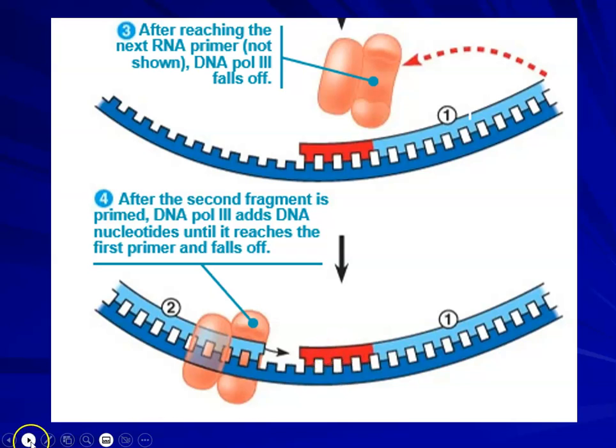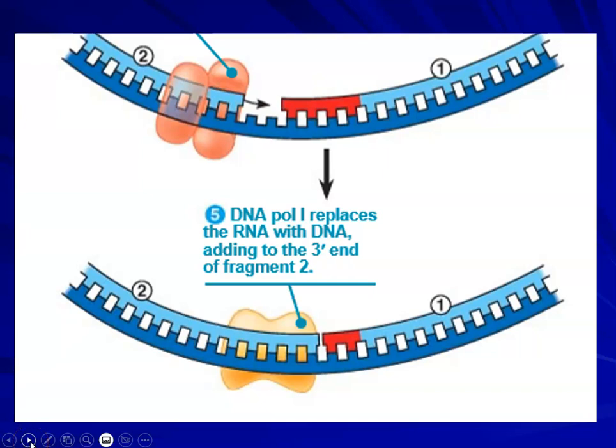Now, when that happens, DNA polymerase III falls off, but a different enzyme called DNA polymerase I is going to attach to the parent template and the daughter strand that are complementary of each other and bonded together with hydrogen bonds.